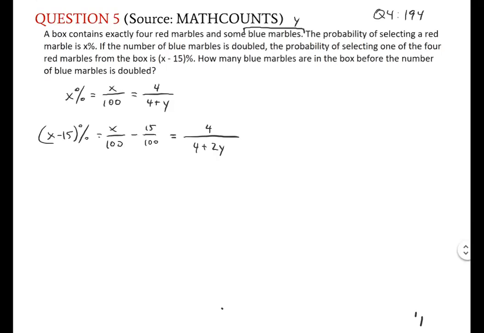And we can use these two equations to form one equation. So how do we do that? We're going to substitute this in here. So we have 4 over 4 plus y minus 15 over 100 is equal to 4 over 4 plus 2y.